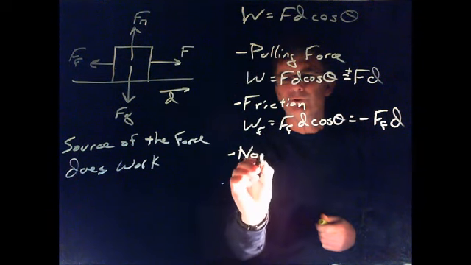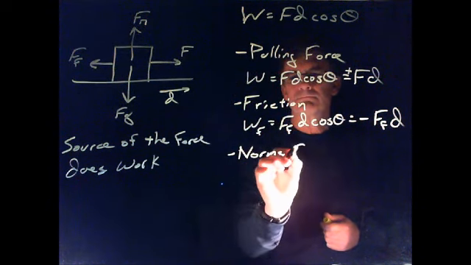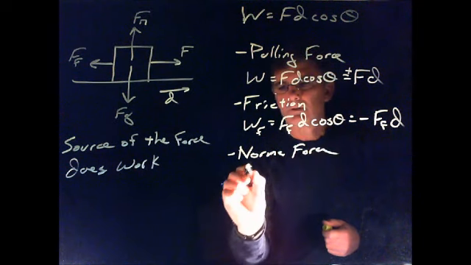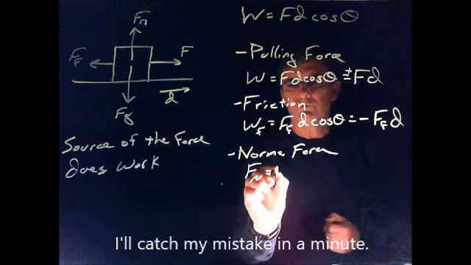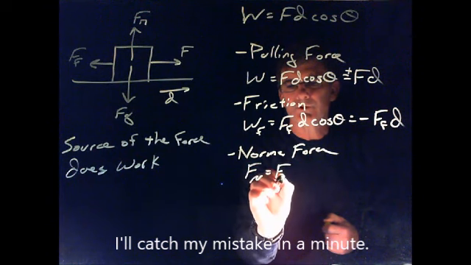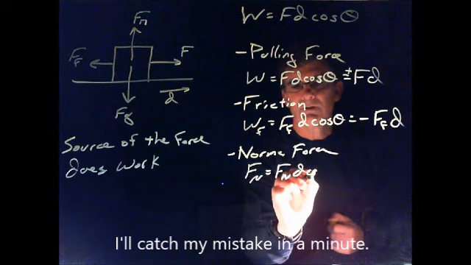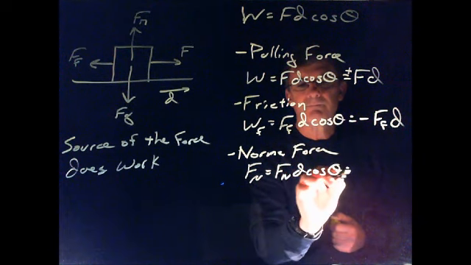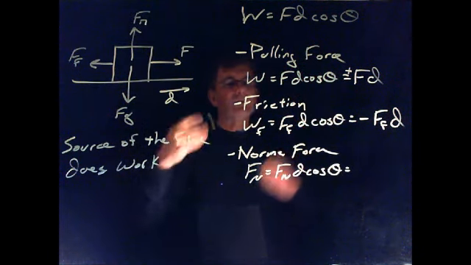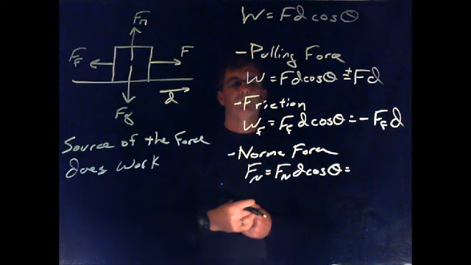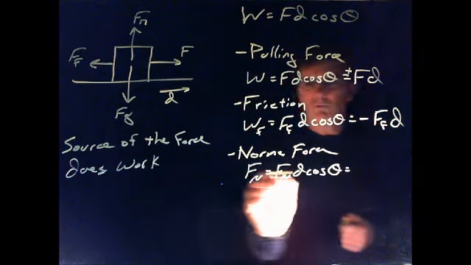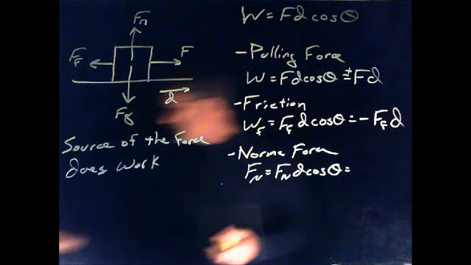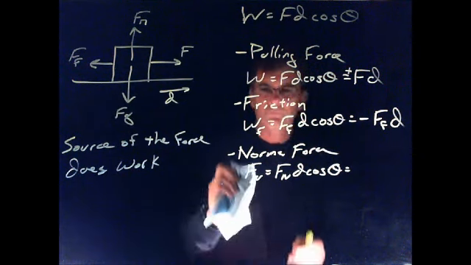The normal force. The work done by the normal force is equal to the normal force times d cosine theta. The normal force is perpendicular to the motion. 90 degrees. Cosine of 90 is 0. I wrote Fn.